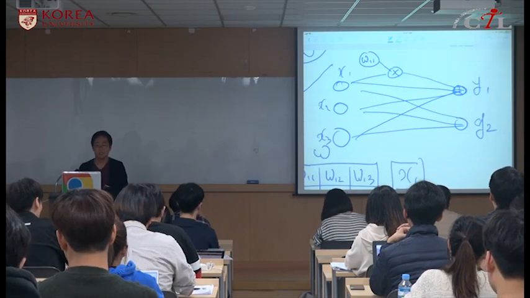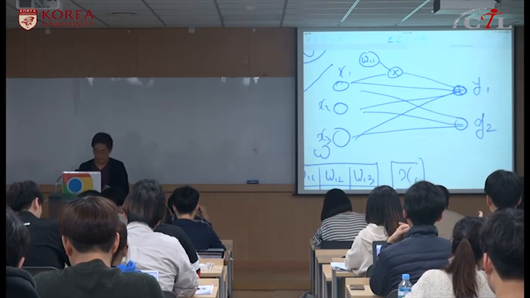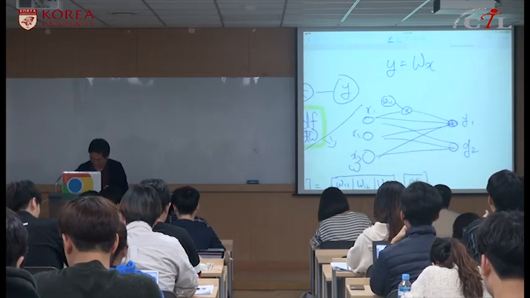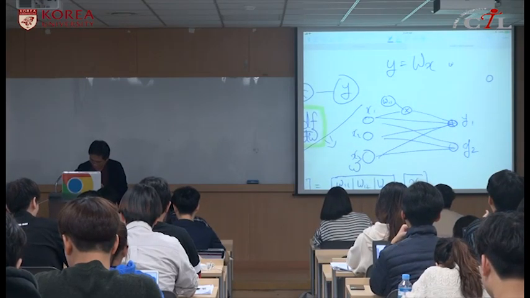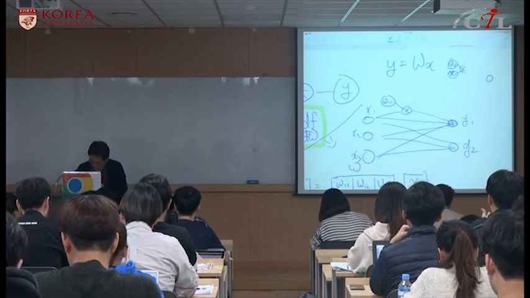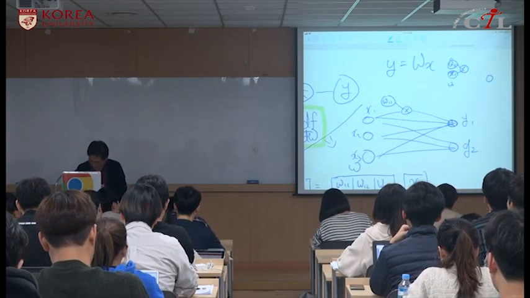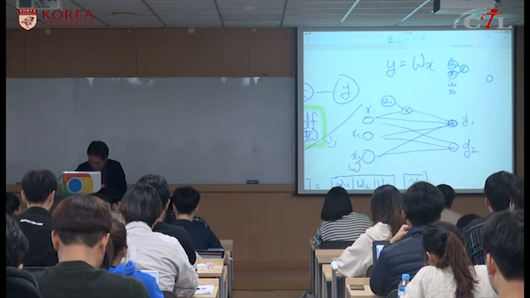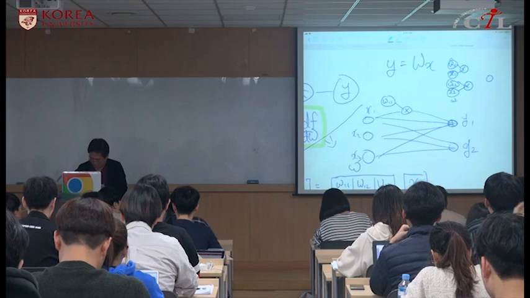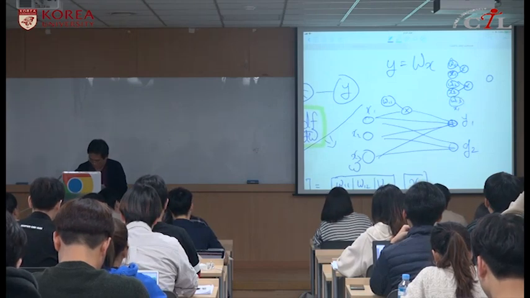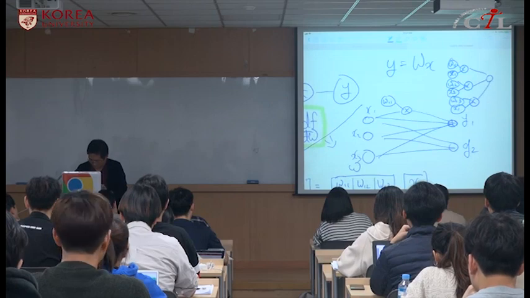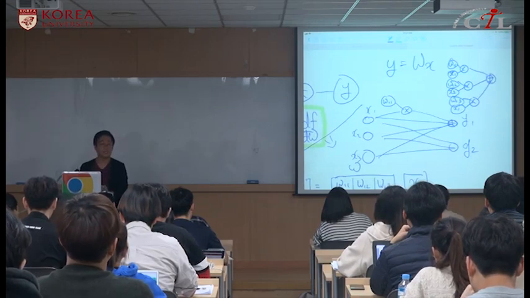So W11 and X1 are multiplied, W12 and X2 are multiplied, and W13 and X3. Sorry for the bad handwriting, but you get the idea. And we get the addition at the end.